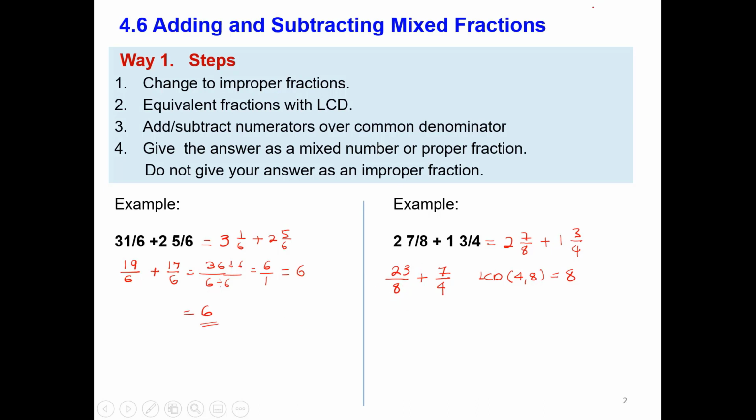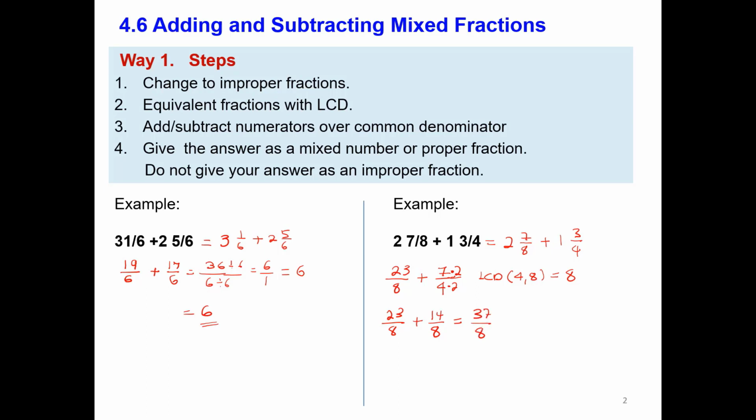But in the second fraction, we need to multiply by 2 on top and bottom. So 7 times 2 is 14 over 8. If we add these together, we will have 37 over 8.